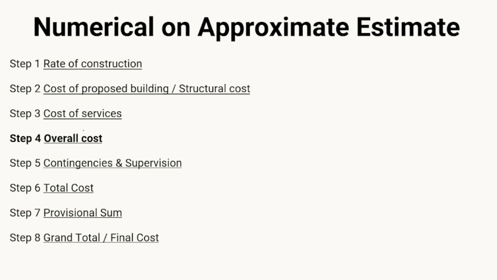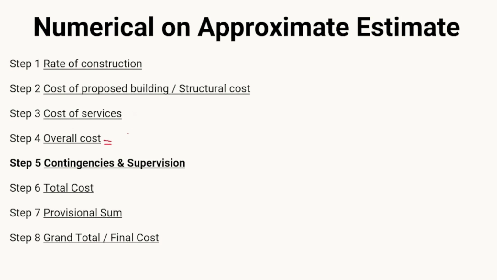Now in case of the contingencies and supervision, suppose I am a contractor and I have to provide the contingencies, that is the amount for unforeseen expenses, or I have to provide the supervision for various services or construction work. So I am going to apply whatever our percentage of supervision or contingency is on the overall cost.